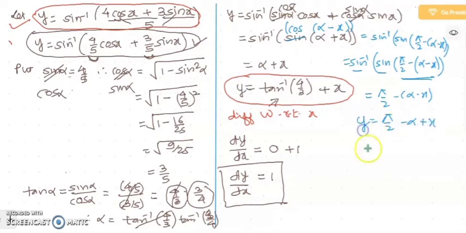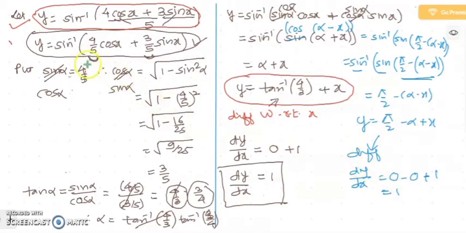This is why, and if you differentiate, the derivatives will give you dy by dx is equal to pi by 2, 0, minus alpha is a constant, alpha is tan inverse 4 by 3, derivative 0, and plus x's derivative is 1. So it would have been the same answer, 0 minus 0 is 0 plus 1.